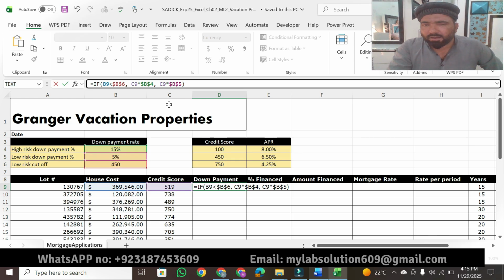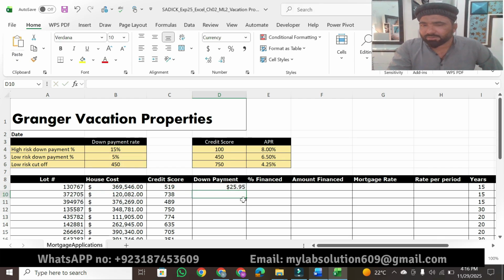Else, C9 multiplied by B4, that is the high risk payment. Then if that condition is not true, false, then we just multiply C9 by B5, meaning the low risk down payment. Then simply press enter and we get a result.